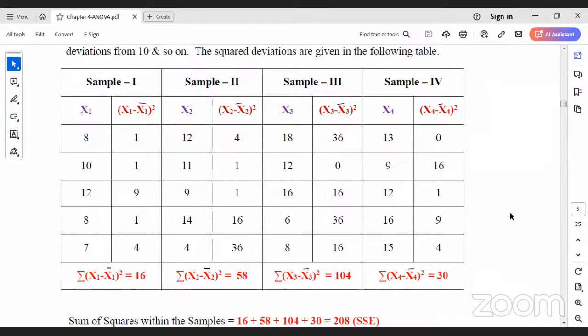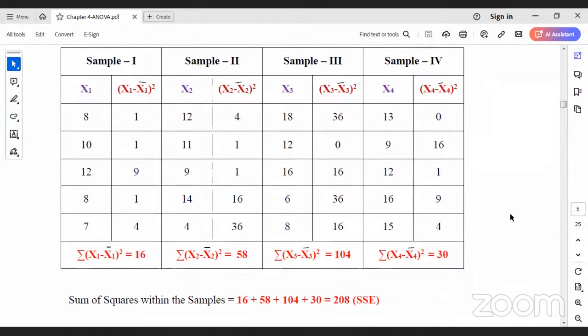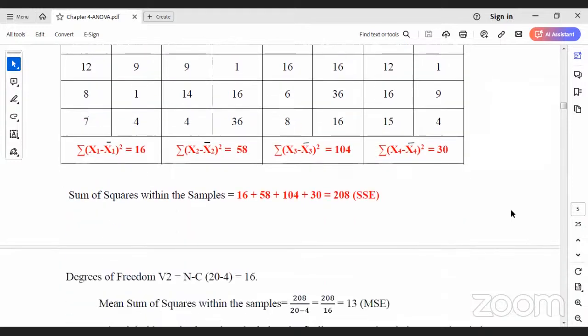The totals are here. Sigma x1 minus x bar 1 whole square is 16. Sigma x2 minus x bar 2 whole square is 58. Sigma x3 minus x bar 3 whole square is 104. Sigma x4 minus x bar 4 whole square is equal to 30. Sum of squares within the samples is 16 plus 58 plus 104 plus 30, which equals 208.